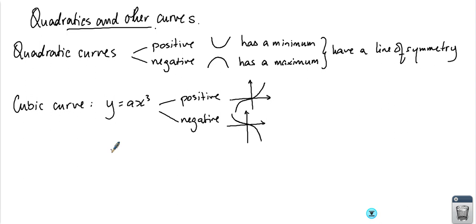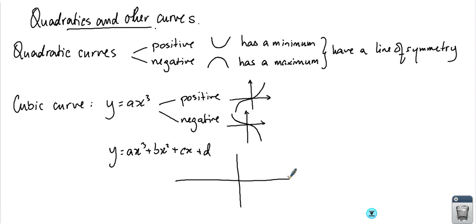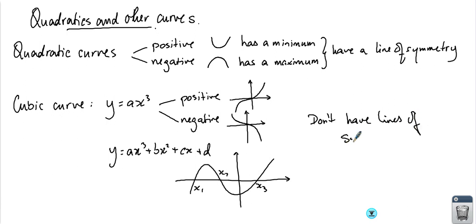For example, ax cubed plus bx squared plus cx plus d might have three solutions, where you have x1, x2, and x3 as your three solutions. That is a cubic curve. All cubic curves do not have any line of symmetry.